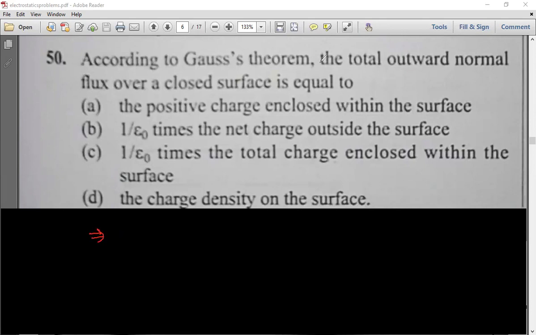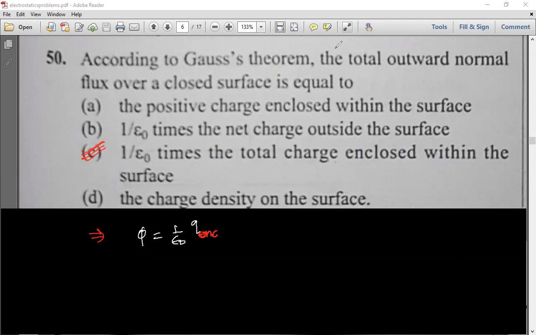Option number C, right? So flux phi is equal to 1 by epsilon naught times charge enclosed by that surface. Q enclosed, I had said, remember?